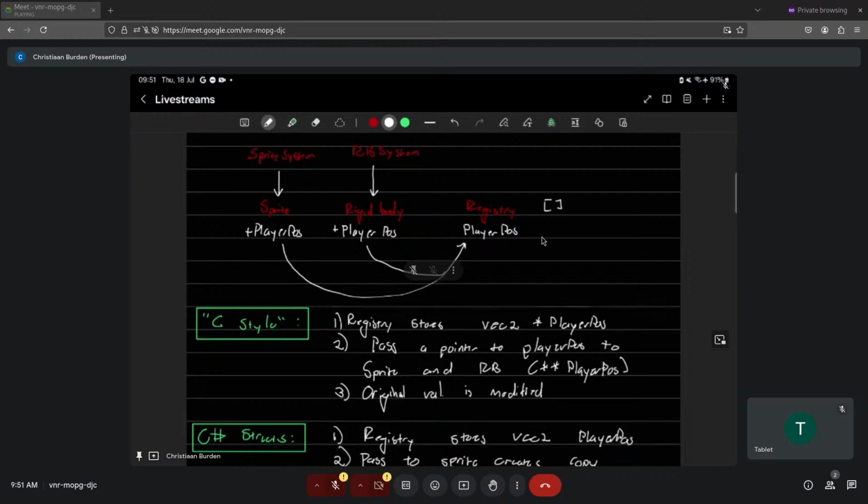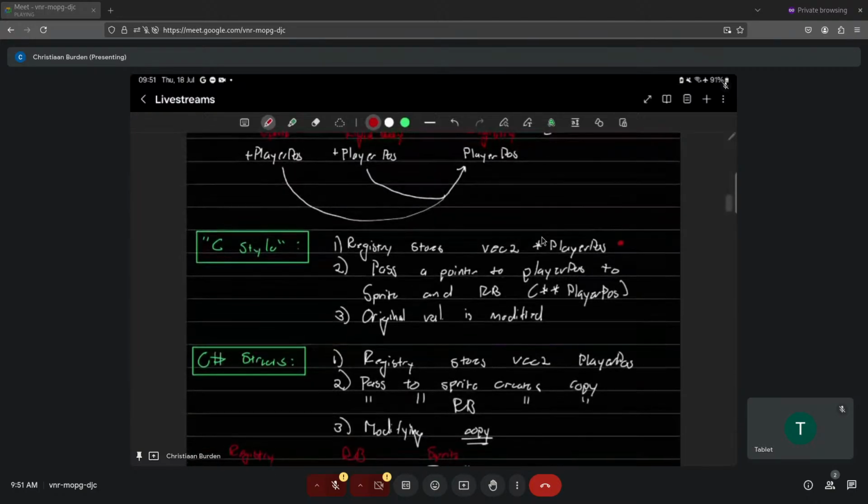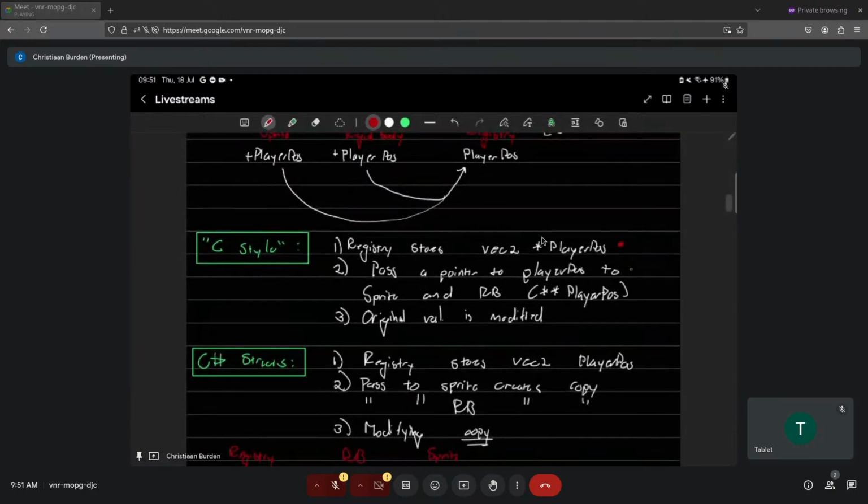Now, in C or C++, whichever you prefer, you can store a vector 2 in the registry. You can pass a pointer to this player position to other methods and structs, so a sprite struct or a rigid body struct. This will be done like this if you use a pointer to a vector.